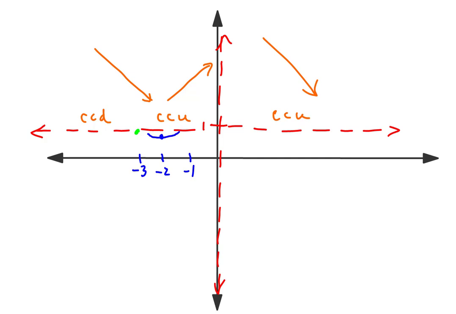But then the concavity changes at negative 3, which means it goes from all tangent lines being below it to all of a sudden them all being above it. So the concavity changes, which means now this inflection point is a little too close for comfort to my vertical asymptote. I'm going to just draw it a little bit lower so we can draw some more detail of this graph.